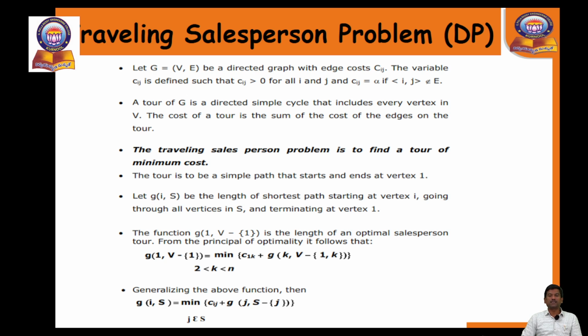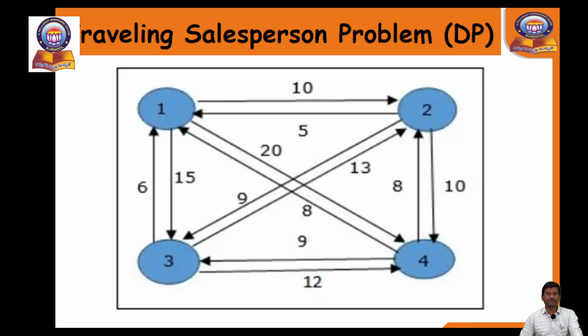Generalizing the above function, we obtain the general formula of g(i, S), which is given by the minimum of c_ij + g(j, S - {j}), because we have already included the vertex j, and where j belongs to S.